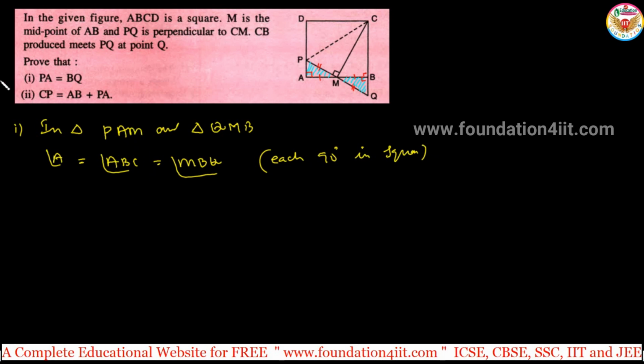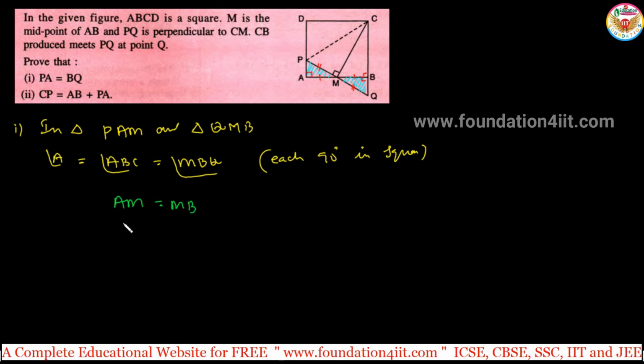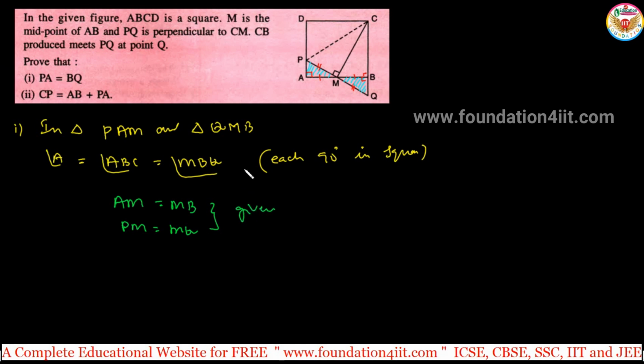Again we have these two sides. M is the midpoint of AB, that means AM is equal to MB, and M is the midpoint of PQ is mentioned, right? So PM is equal to MQ. These two rules are given in the question. This is the midpoint. So we got side, angle and side.